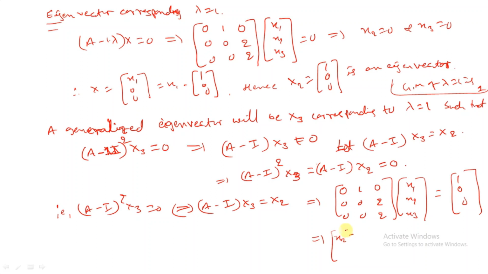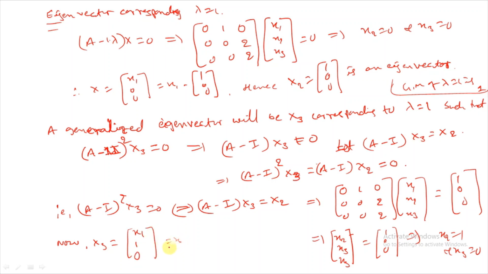Multiplying this, we get x2, 0 0 x3 equal to 1 0 0. That implies x2 equal to 1 and x3 equal to 0. Now x1 is arbitrary, x2 is 1, x3 is 0.